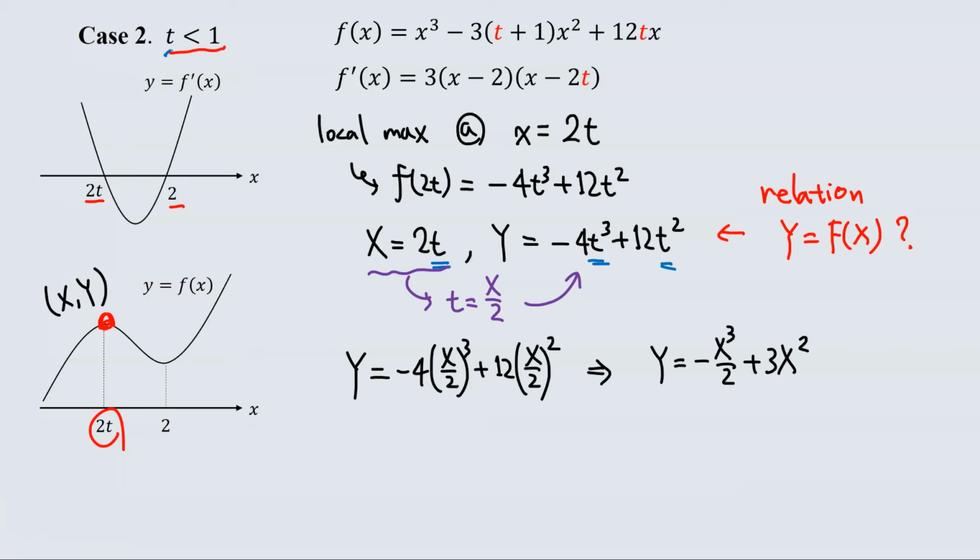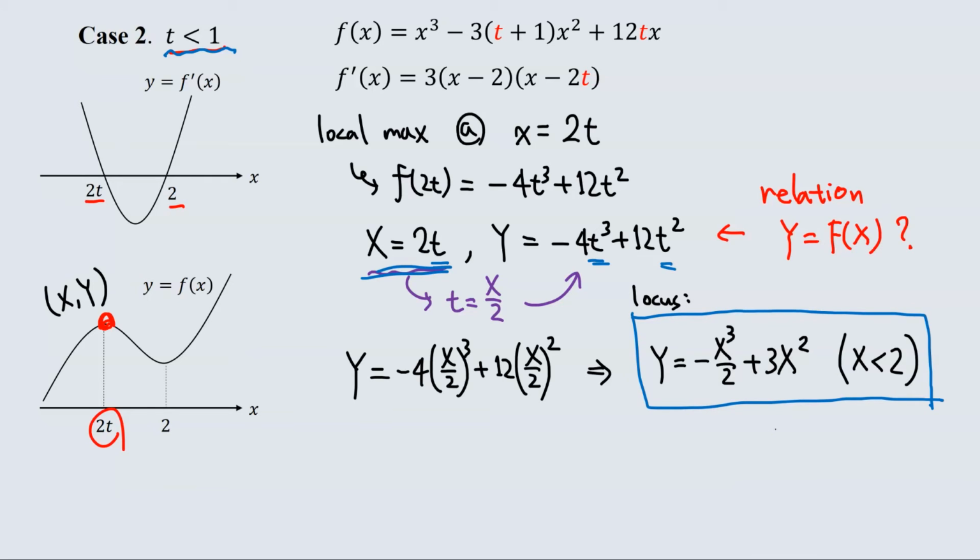And note that from t being less than 1 and x equals 2t, we have the range of x being less than 2. And this is the locus when t is less than 1, the relation between x and y. Here, the local maximum point draws a cubic function.